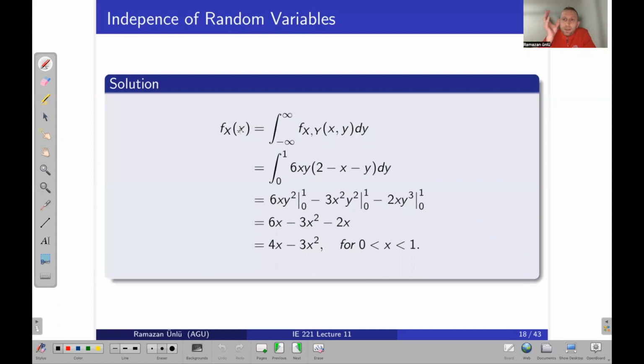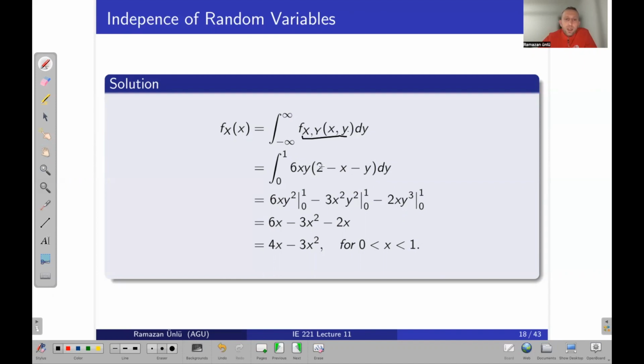I will make x constant, and then I will change the y. I will evaluate the joint PDF for all possible y values while keeping x constant. So f of x is equal to the integration of the joint PDF of x and y with respect to dy. That is given in the question, which is 6 times x times y times 2 minus x minus y, dy.